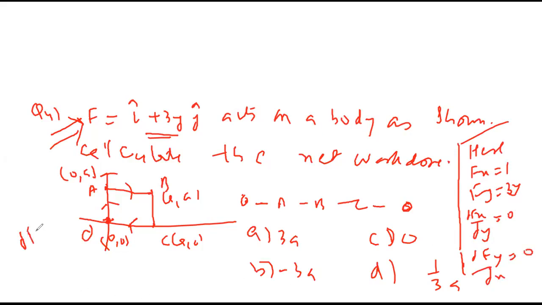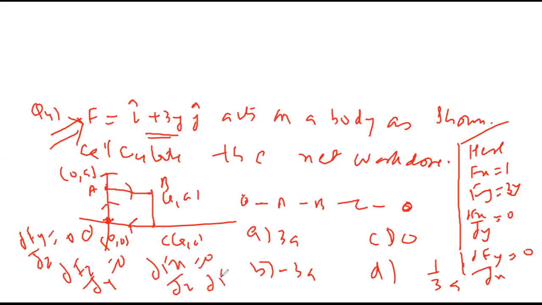Then y with respect to z 0, z with respect to y 0, x with respect to z also 0, and z with respect to x also 0. तो क्या मिल गया? Force is conservative, work done is 0. Clear na? Yes, sir. Solve.